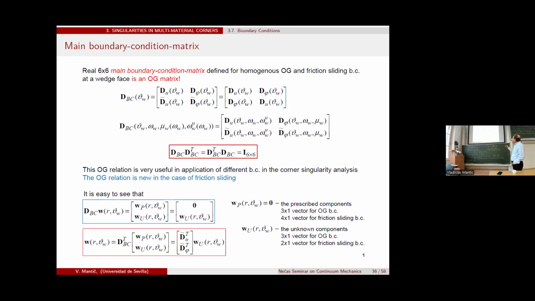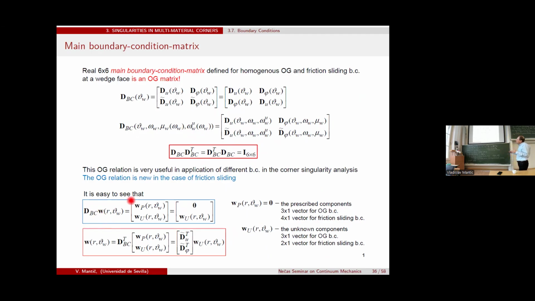So in both cases, homogeneous boundary condition or frictional contact boundary condition, we have these 6 times 6 boundary condition matrices, which are orthogonal. This allows us to write the boundary condition in this form.